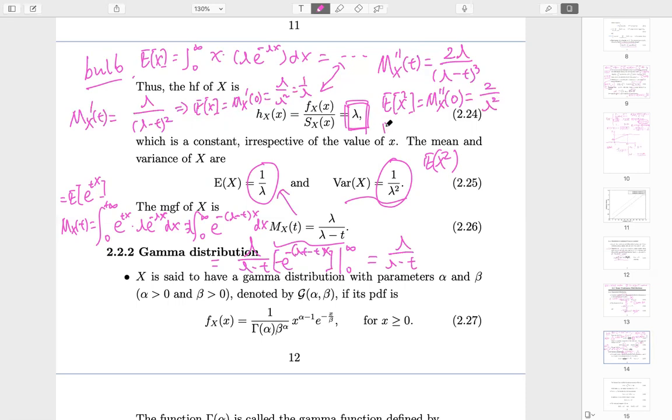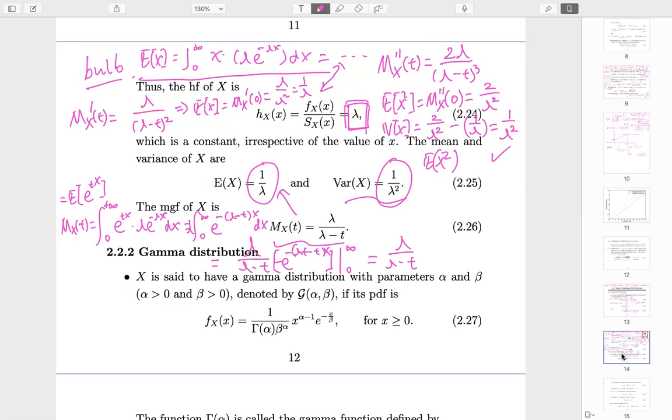So I easily get the variance will be 2 divided by lambda squared minus the square of 1 over lambda, so I get 1 over lambda squared. So this gives you another way to get the expected value and variance. Please complete the integral exercise, right?